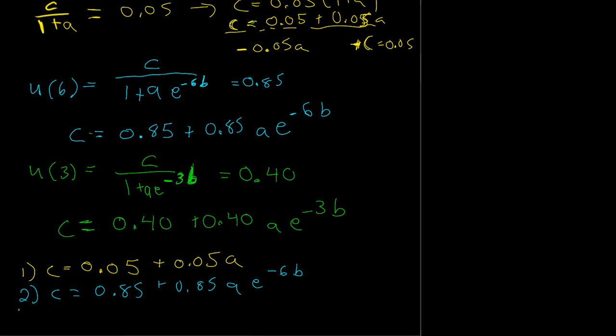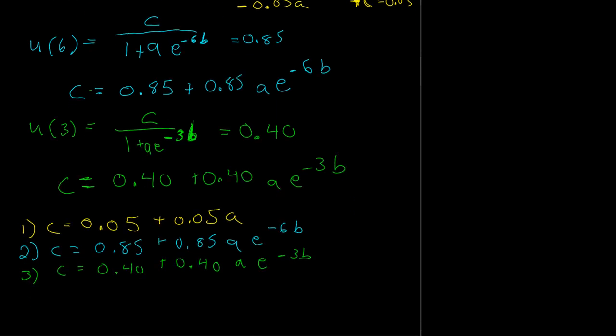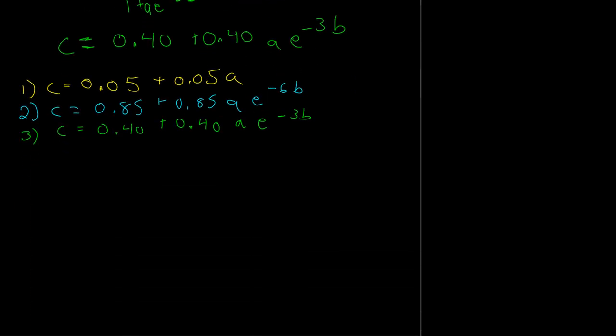And equation number 3, C equals 0.40 plus 0.40A e to the negative 3b. And so we have these 3 things going together.